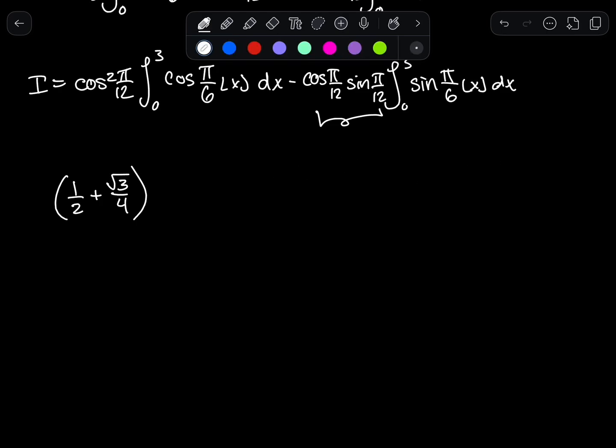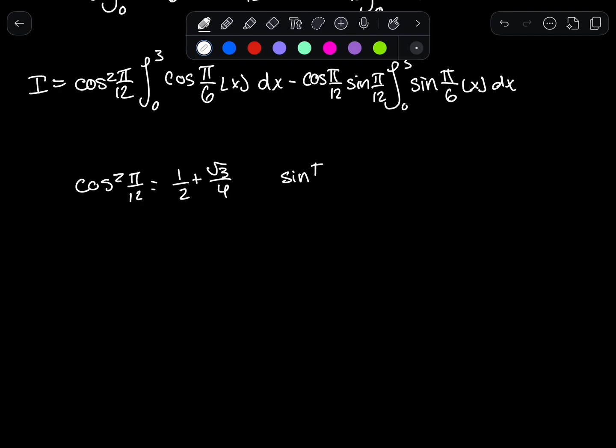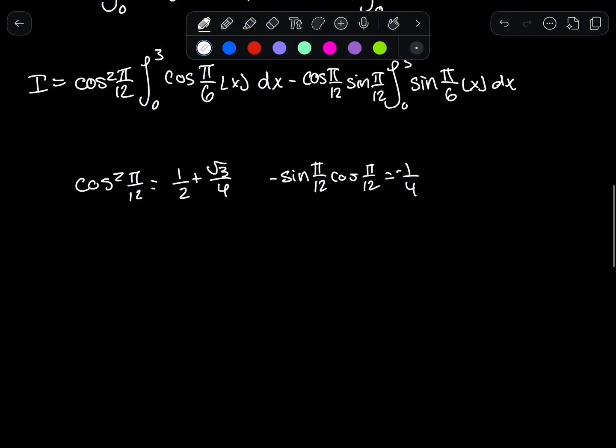So we're going to have cosine squared of pi by 12 equal to 1/2 plus root 3 over 4, and sine of pi by 12 times cosine of pi by 12 is just equal to 1/4, and we'll add the negative sign just so we are aware.